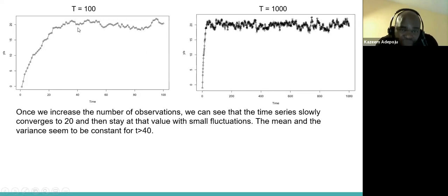There's going to be a very small fluctuation. So that's exactly what we're seeing right now. So the mean and the variance seem to be constant for t greater than 40. I think you can see that clearly here, because this has more observations.